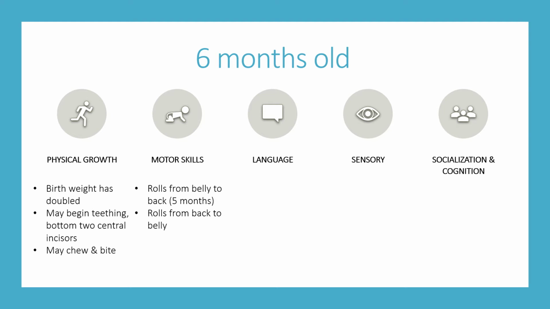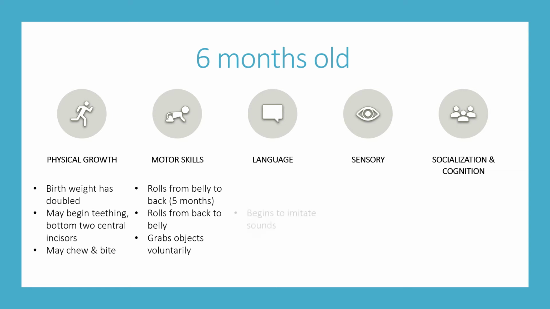So this child can right themselves from either way they're placed. They can also grab objects voluntarily. If you hold a toy in front of them, they can reach out for it. Same thing with their bottle. If they're being formula fed, they can start grabbing for it when feeding time comes.